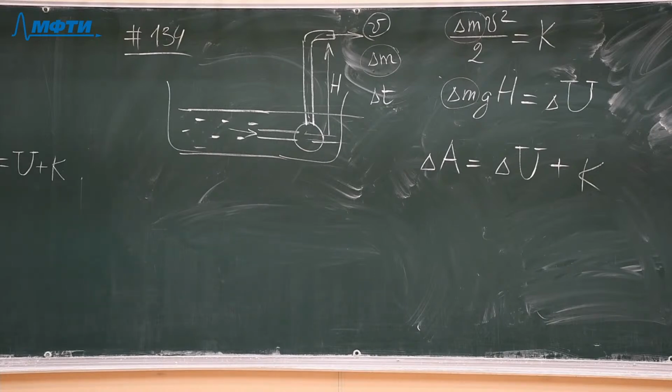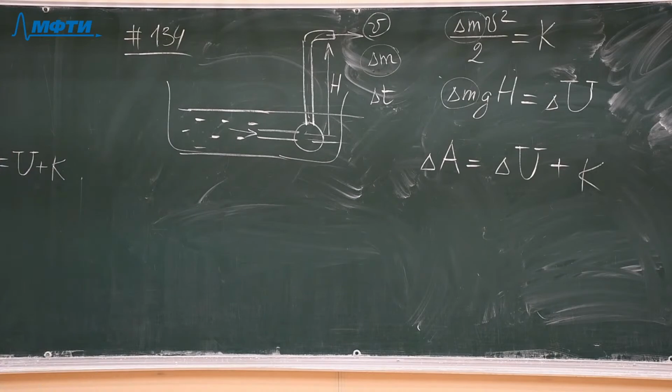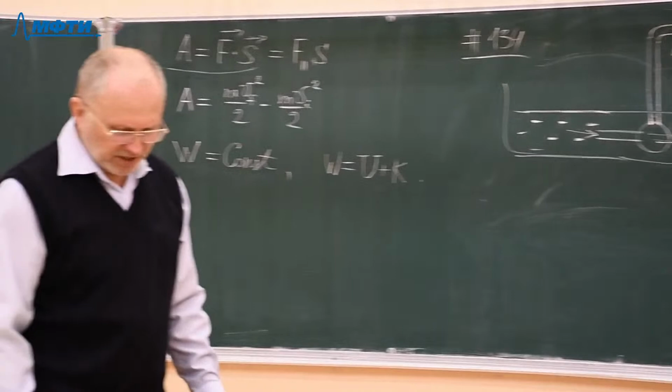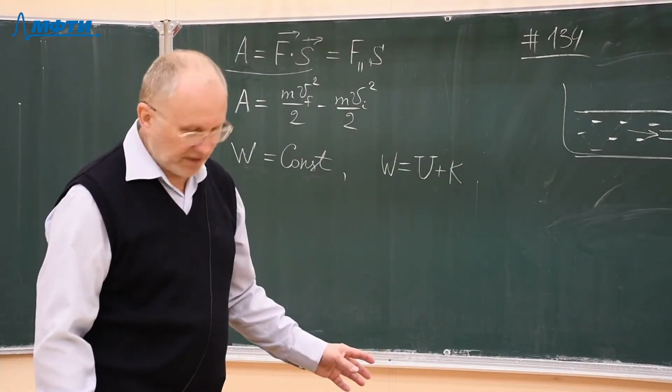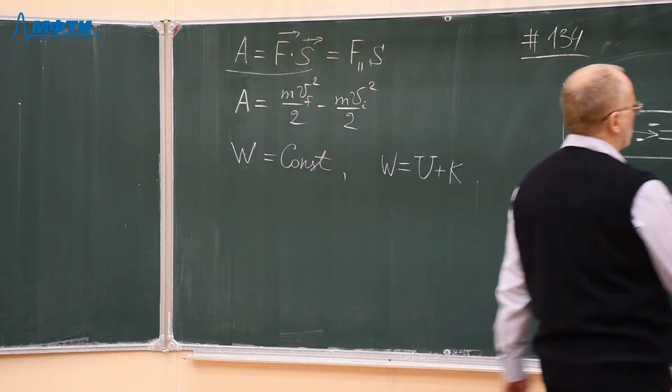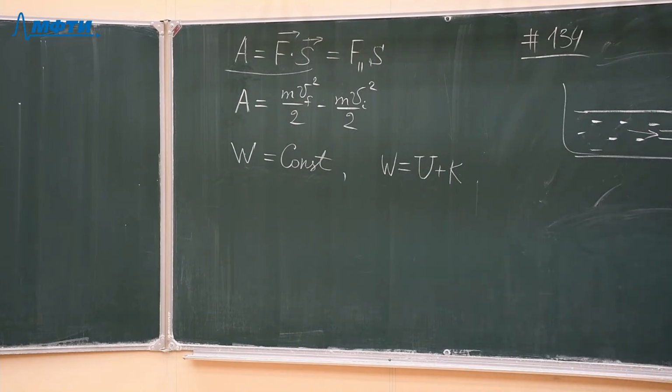So what is given in this problem? That at first the pump delivered a certain amount of water per unit time and performed certain work, and the water had some kinetic energy.